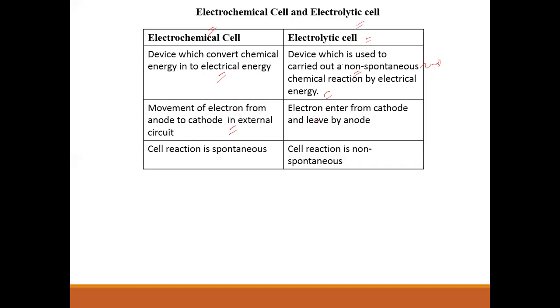Whereas in an electrolytic cell, electrons enter from the cathode and leave by the anode. In an electrochemical cell, the cell reaction is spontaneous, whereas in an electrolytic cell the reaction is non-spontaneous. Spontaneous means the process which takes place on its own. So these are the differences between the electrochemical cell and electrolytic cell.